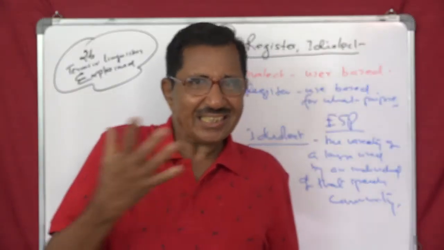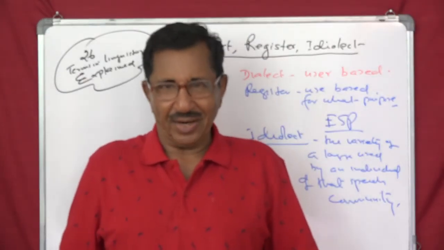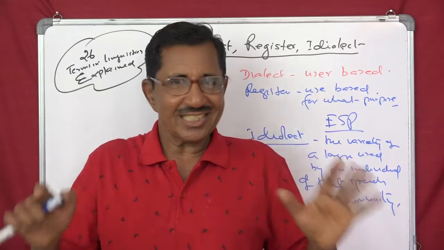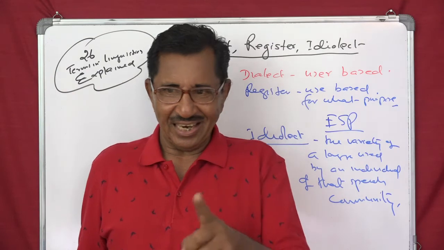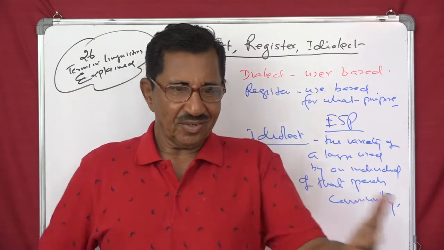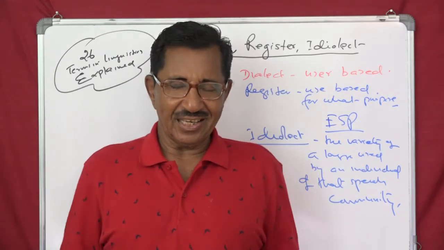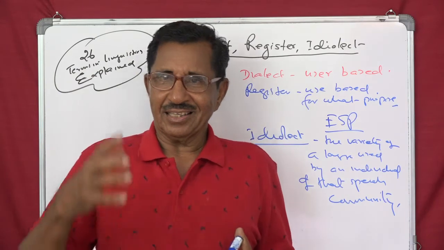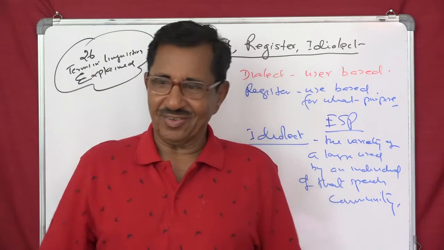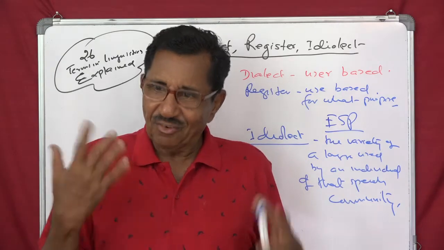So, personal style. For example, you are all wearing shirts and pants, but not in the same way. You will find one person wears the same thing one way, another person another way. Or you have a churidar with top, bottom and shawl, and see how you put them on, that is different.